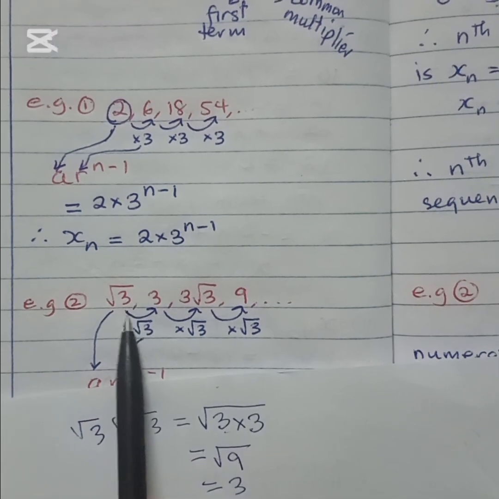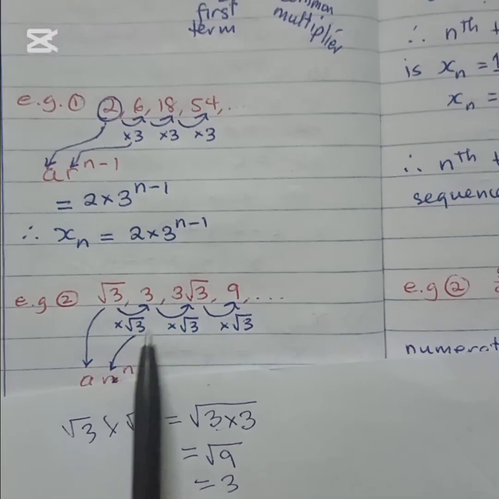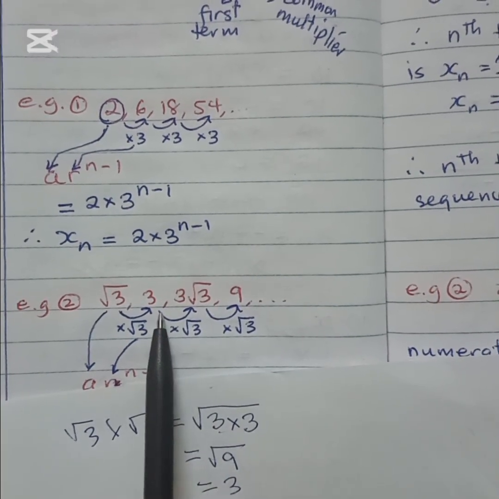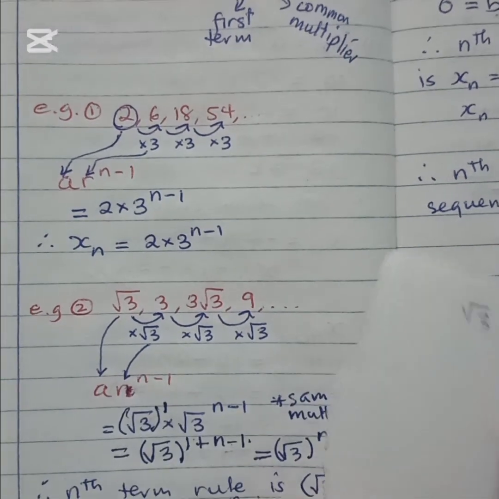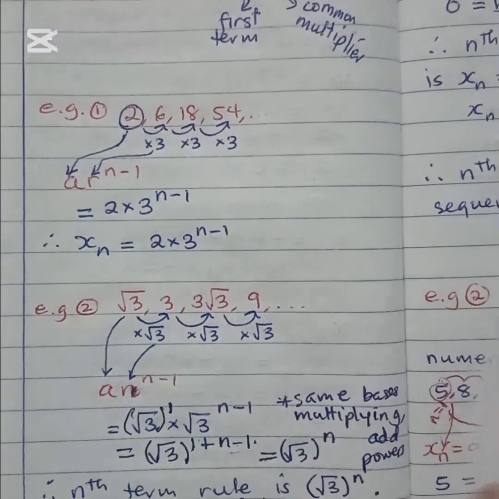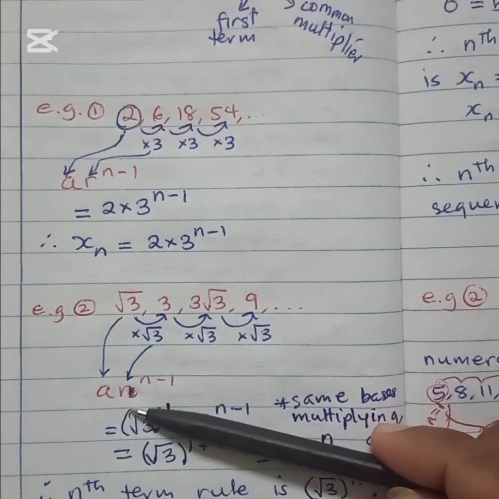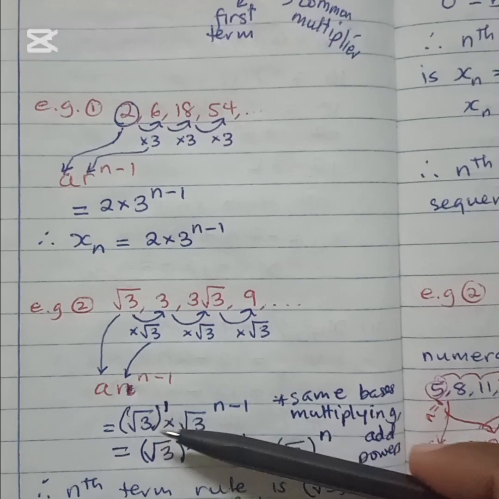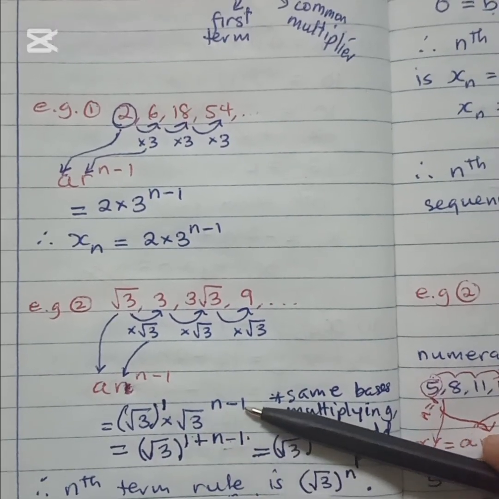From square root of 3 to 3, we have multiplied by root 3. And from 3 to 3 root 3, we multiply 3 times root 3. So root 3 is the common multiplier, we substitute that in place of r, and we have root 3 times root 3 to the power n minus 1.